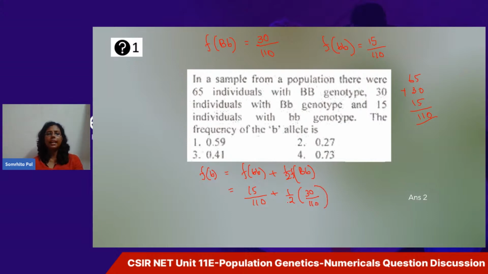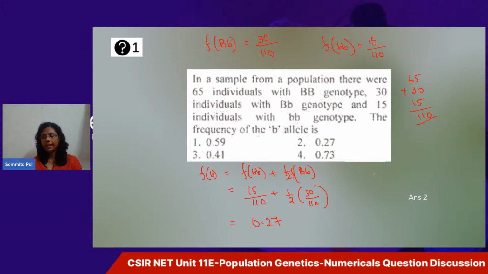See, in this way the calculation becomes easy. Okay, so if you solve this, you will see that you are coming up to 0.27. All right. You can also use the second formula.